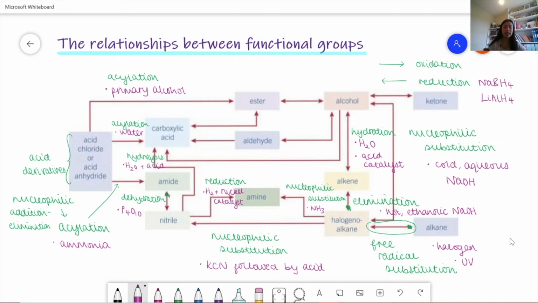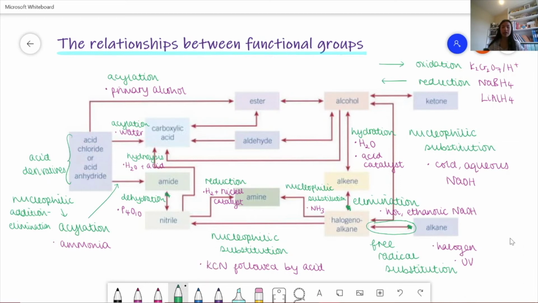And for oxidation, what we use is potassium dichromate with a H plus catalyst. This is the same for an alcohol to an aldehyde and a carboxylic acid. So primary alcohols will oxidize to an aldehyde and the aldehyde will oxidize to a carboxylic acid.